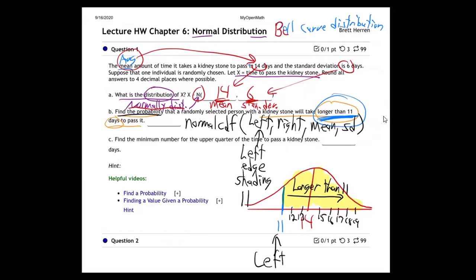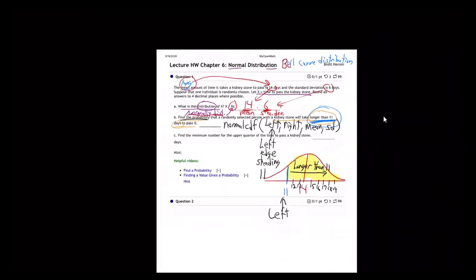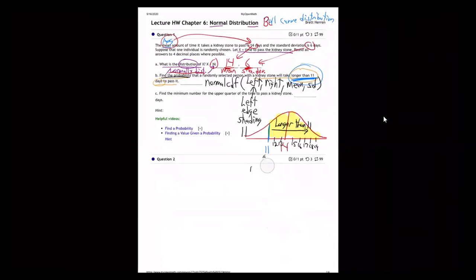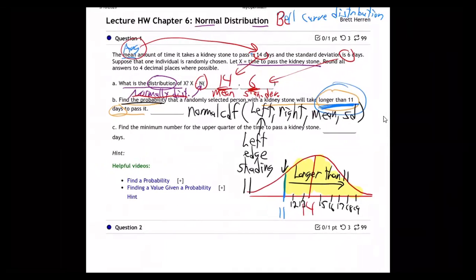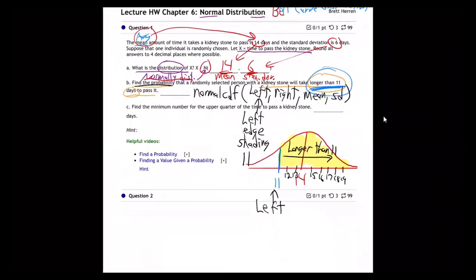This is the left. Can you see that down here? Let me move this up a little bit to make that a little better for you guys to see. This right here is the left. That's what we mean by left. That's the left edge. It's 11.